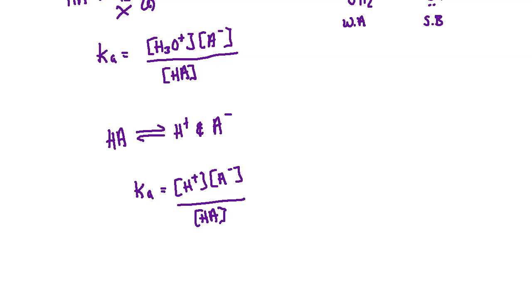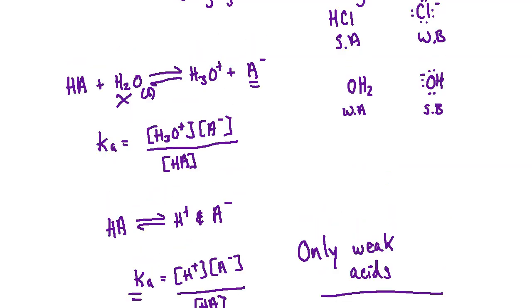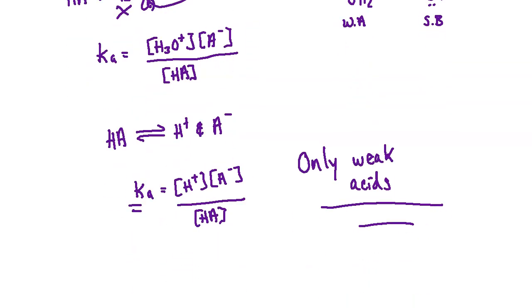Now, it is important to remember that Kas will only apply for a weak acid. These are only for weak acids. And the reason for that is K is an equilibrium constant, and only weak acids are in equilibrium. Because we just got finished saying how the strong acids completely dissociate.